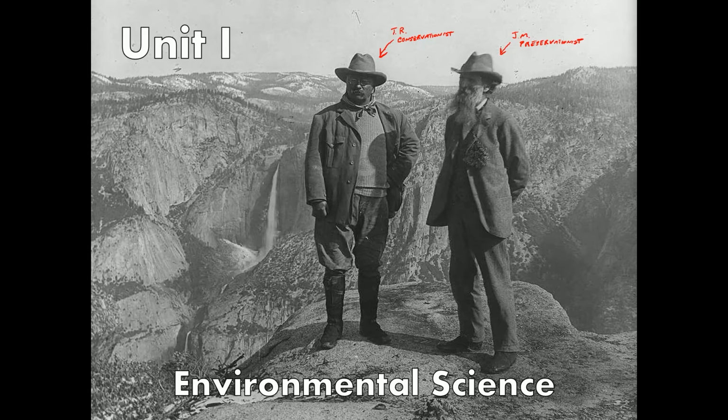So the preservationist mindset is what causes us to set up things like large national preserves, like big parks. John Muir was one of the people who really pushed for Yosemite National Park to be established, where you have these very, very large tracts of land which are essentially untouched natural environments.